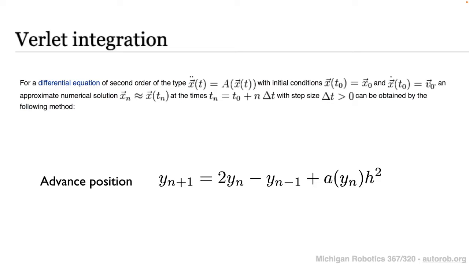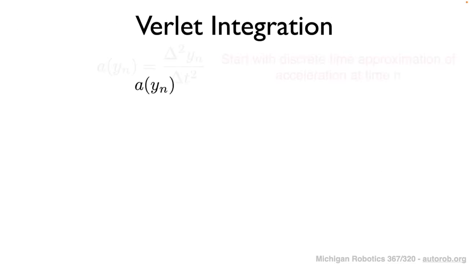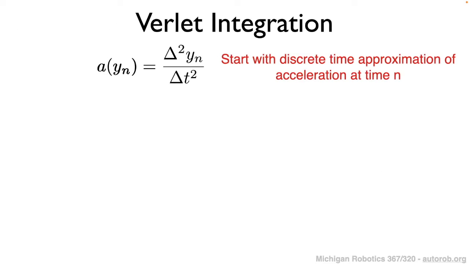In particular, it's this acceleration function a that is key to Verlet integration. If we look at that function a, the steps within it are as follows. The first thing is to recognize that acceleration by definition is the second time derivative of the position, or of the pendulum's angle, if we're talking about angular acceleration.